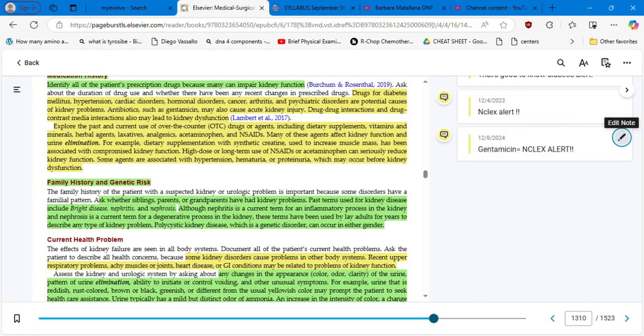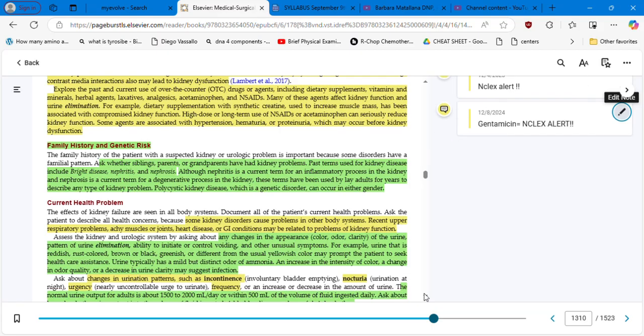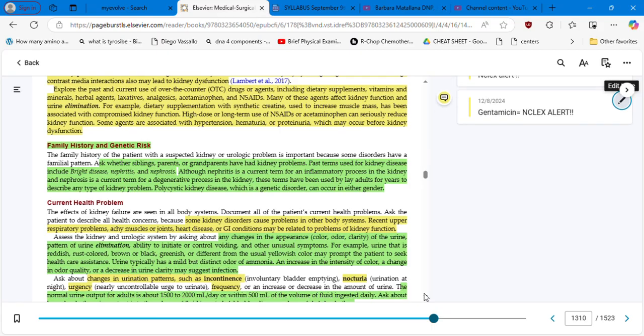So in general, this paragraph here, from explore to dysfunction, is NCLEX alert. Okay, family history and genetic risk: ask whether siblings, parents, or grandparents have had kidney problems.